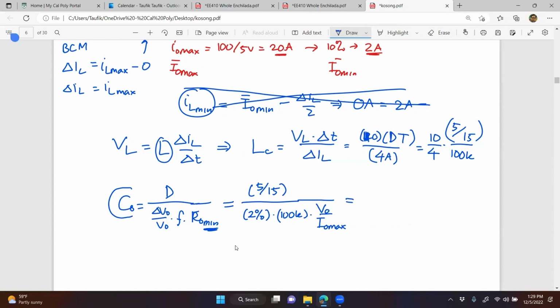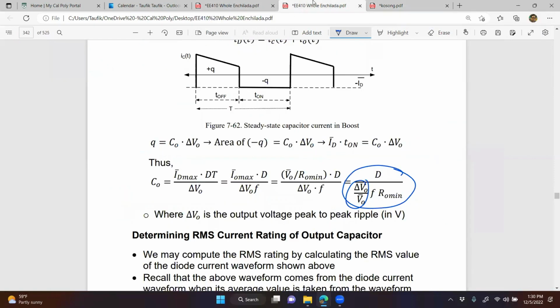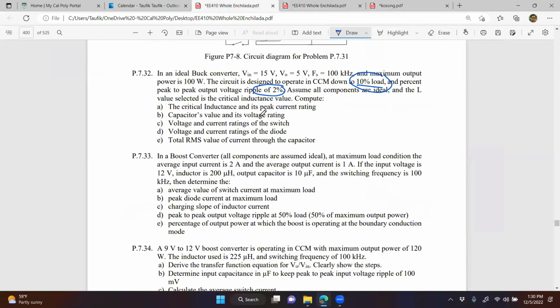So that's going to be 1/3 right here, 0.02 right there, 100K right there, and then V out is 5, I believe, right? And then divided by I out max, which was 20 amps. So right there is the C out. Does that answer your question? Yes.